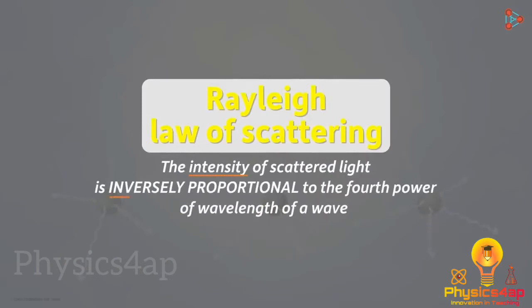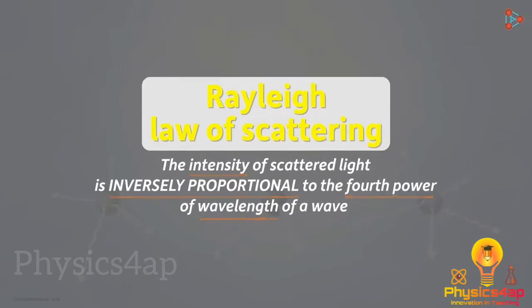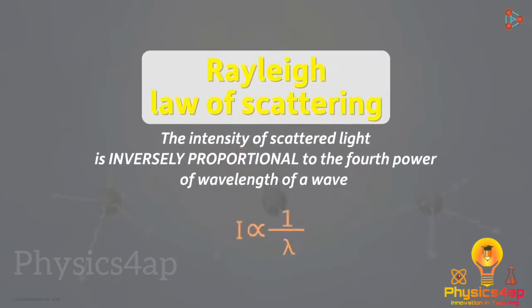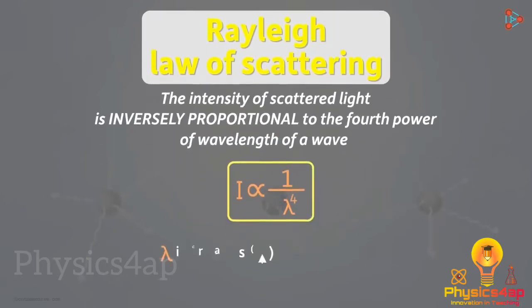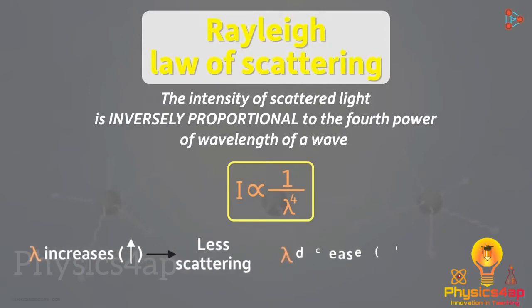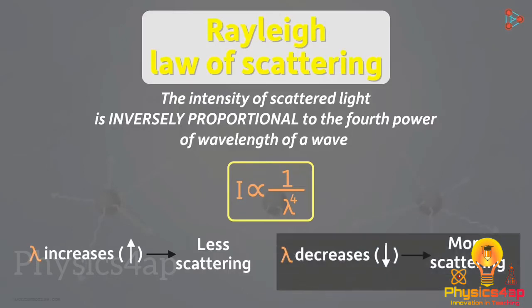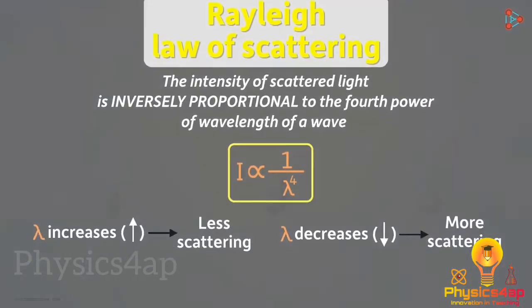The intensity of scattered light is inversely proportional to the fourth power of the wavelength. That is, I is proportional to 1 by lambda to the power 4. That means if lambda increases, there will be less scattering, and if lambda decreases, there will be more scattering, that is, the intensities will be more.